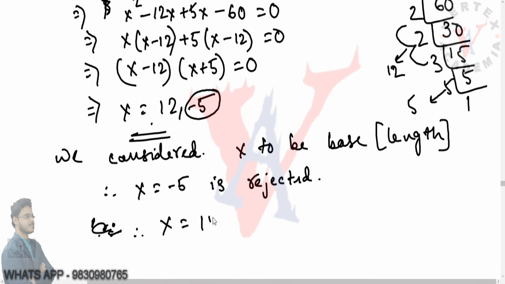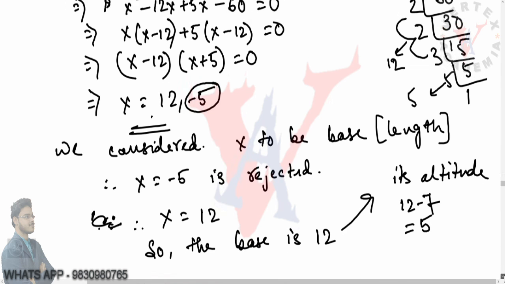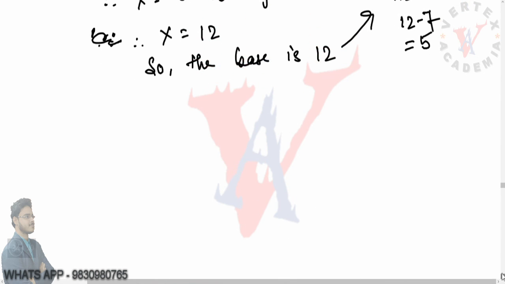Now therefore x equals 12. So the base is 12, and its altitude was x minus 7, so it is 12 minus 7 equals 5. So finally we have got the solution.